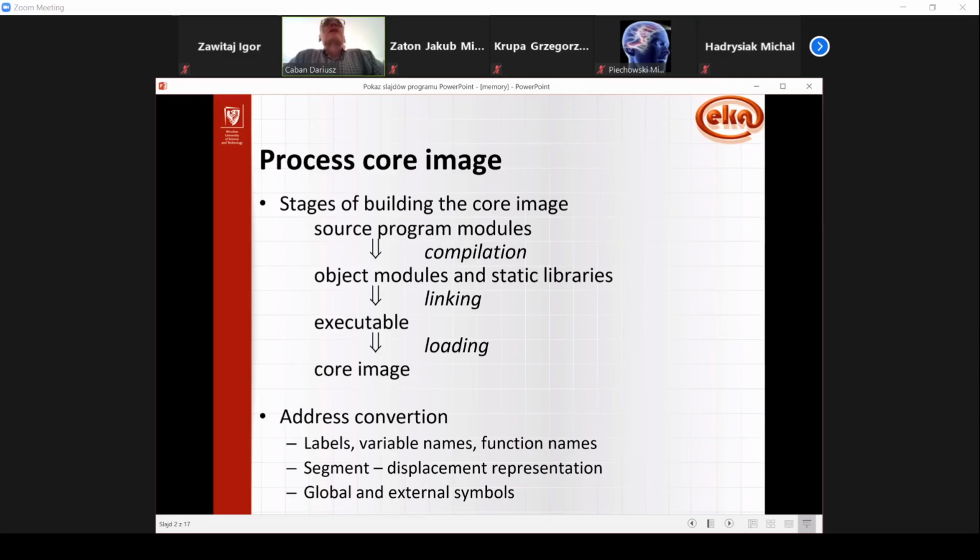Okay, so inside each module, we have two tables. One table of external references and one table of global symbols.